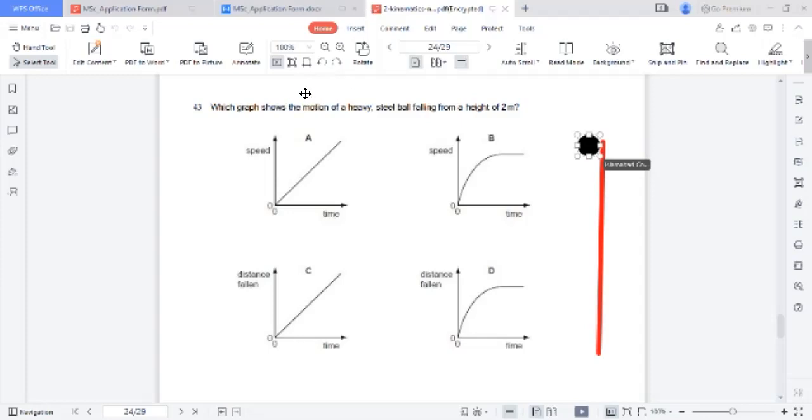Like for the first second, maybe 10 meters distance is traveled, for the next second it would increase, but the change in speed would remain the same. So out of these given options, the speed is uniform because it is under the influence of gravity. So this option is incorrect.